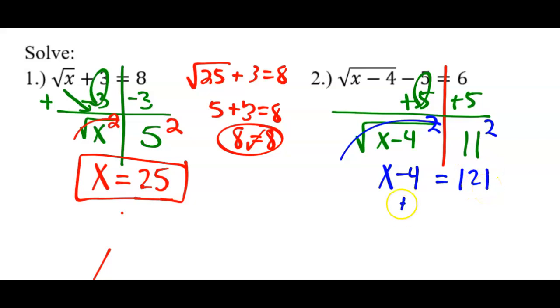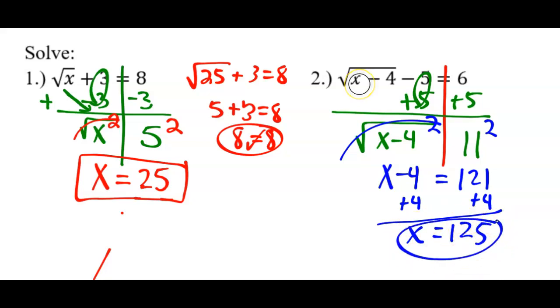And now I've got to add 4 to both sides, and I get x equals 125. And that's my answer. And if I put 125 in here, subtracted 4 from it, took the radical, subtracted 5 from it, it would give me 6. So I can always check my answer.